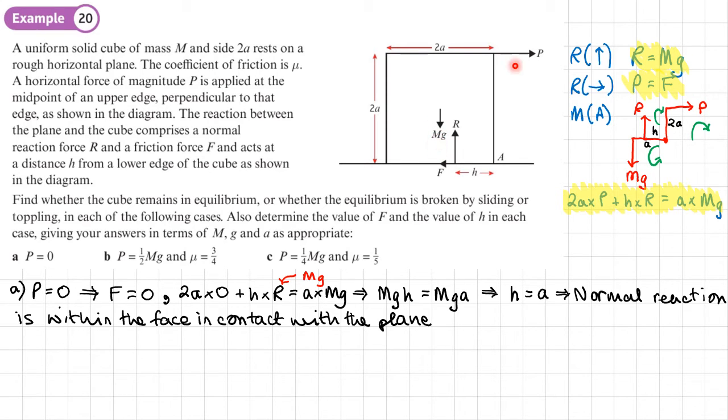Since there is no pulling force here, it's going to remain in equilibrium, it's not going to move, and that's what we expect to happen. So the cube remains in equilibrium.